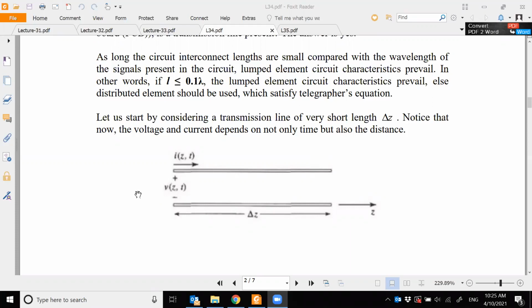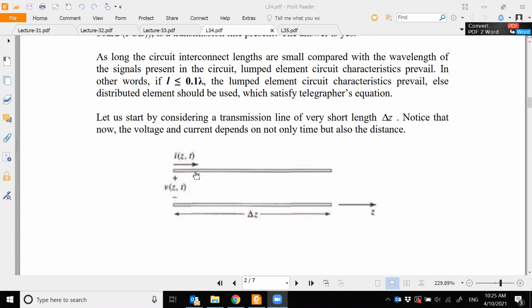But now my voltages and currents are not constants. They are a function of distance and time, because the length of my interconnections is very long and doesn't satisfy this condition.